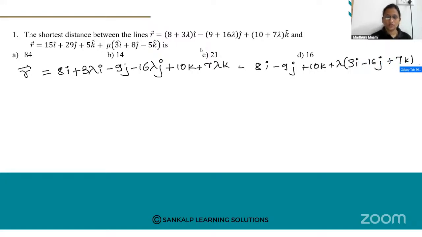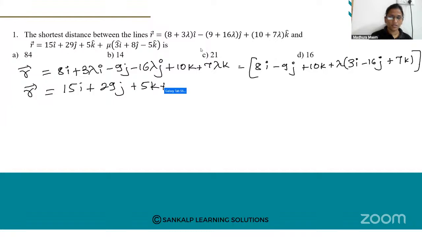Fine. So this is your standard form now, in the form of A plus lambda B. The second equation is already in the standard form: 15I, 29J, 5K plus the scalar mu into 3I plus 8J minus 5K.